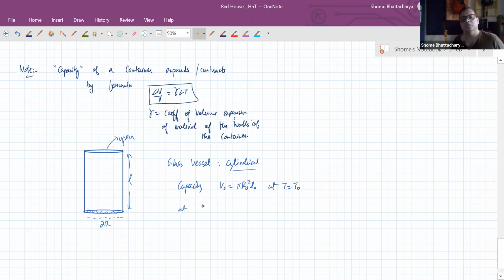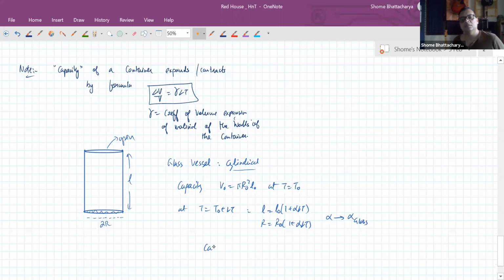At a new temperature, its length would have become L naught (1 plus alpha delta T). Its radius would have become R naught (1 plus alpha delta T), where alpha is alpha of glass.